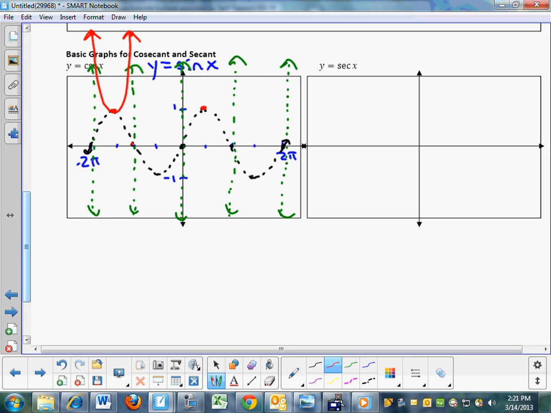Yeah, a really small value, right? What's the reciprocal of a really small value? Really big value. And same thing over here. So you're going to end up with that shape. For the negatives, what's the reciprocal of -1? -1. What's the reciprocal of a really small value? A really big value.